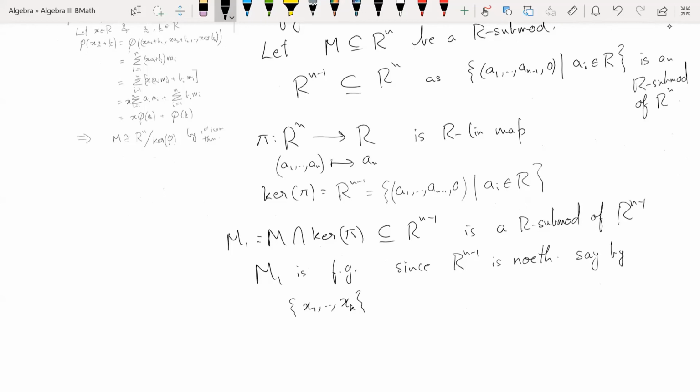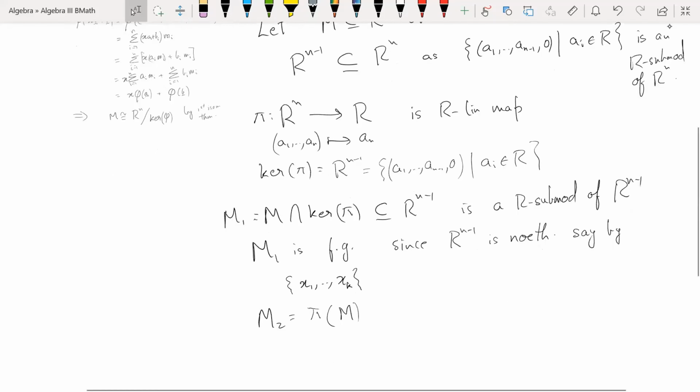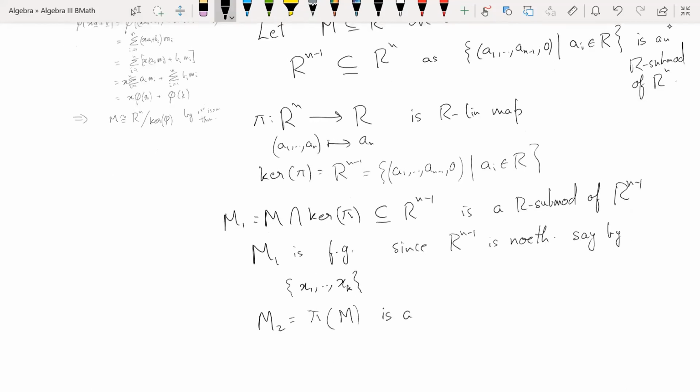And declare M2 to be the image of pi of M. M is a submodule of R^n, and pi is a map from R^n to R. So you look at the image of this submodule M. It's going to be a submodule of R, and so in fact M2 is an ideal.